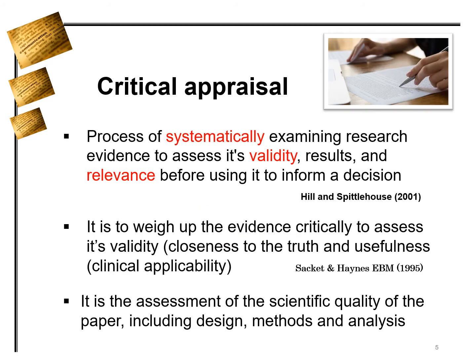Critical appraisal is a systematic process of examining research papers using explicit criteria to assess the validity of data or results being presented. In other words, it is the assessment of the scientific quality of the paper, including the study design, methodology, and the data analysis that has been conducted.